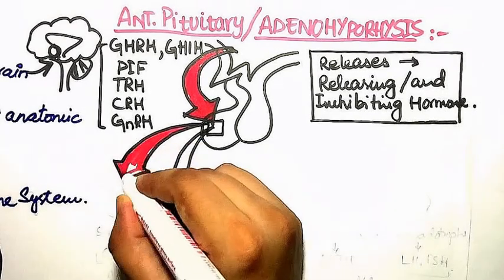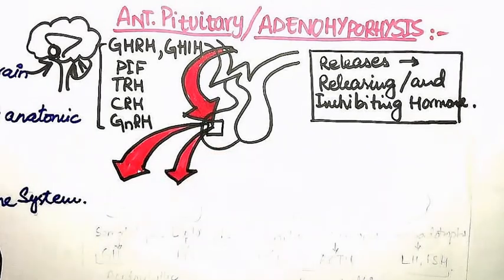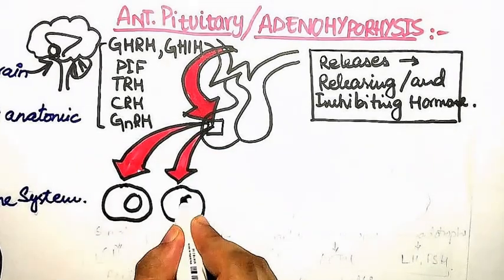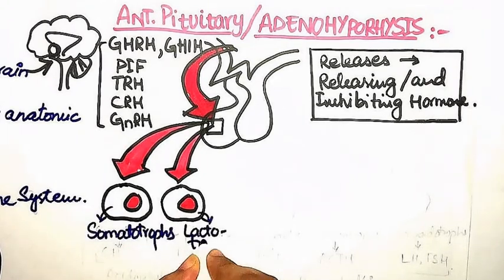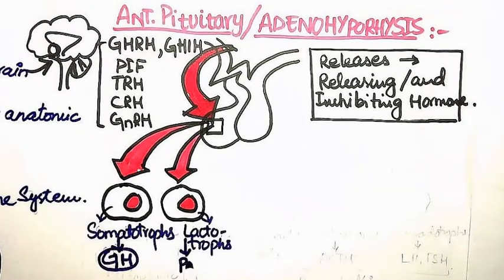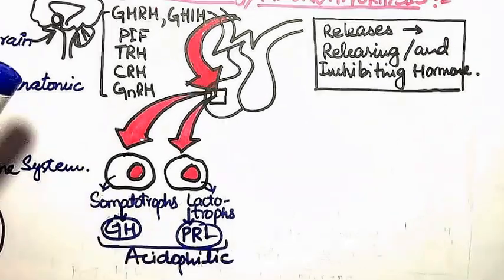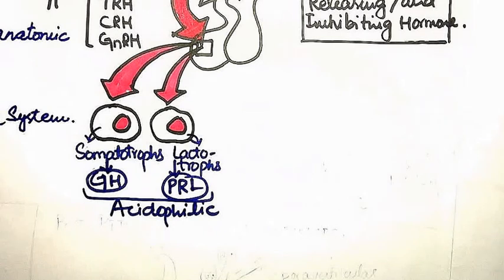There are different kinds of cells present in the adenohypophysis, and these different hormones act upon different cells to release a different kind of hormone, which further acts upon their target cells. First we will talk about the somatotrophs and the lactotrophs.